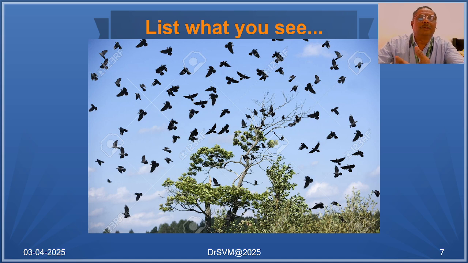That means the viewer is given only the input and there are no labels attached to it. So there is nothing like this is a bird, this is a tree, this is a leaf. Nothing is there, but yet we can make out that they are different. I can see that there are many birds found here, but I don't know the name of that particular bird, what species it is, and I don't understand which type of tree it is. But yes, I can say that there are different types.